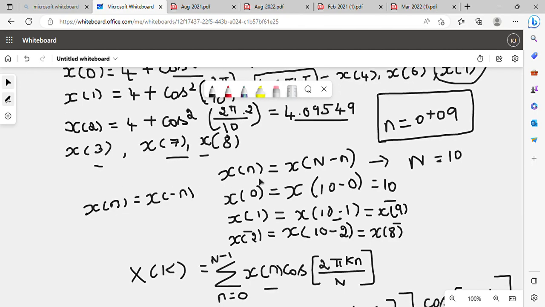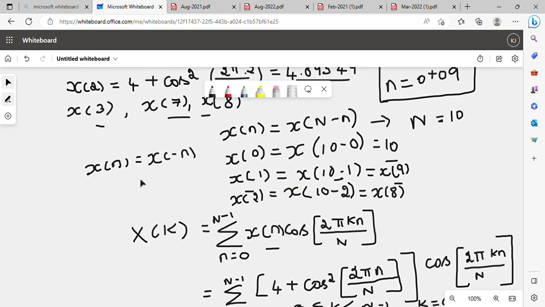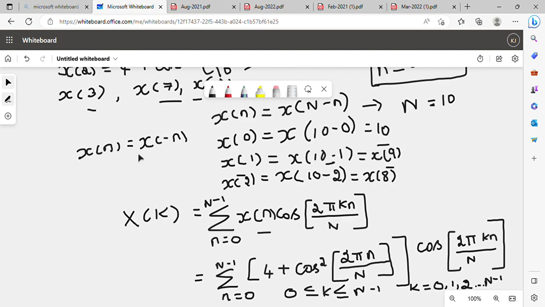Now we also got to know that my x of n is equal to x of capital N minus n, and we have proved it over here, and I'm going to showcase it in the calculator once again. And we also got to know that our cosine is an even sequence, so we get x of n equal to x of minus n, and you can see that the given sequence is real and even.